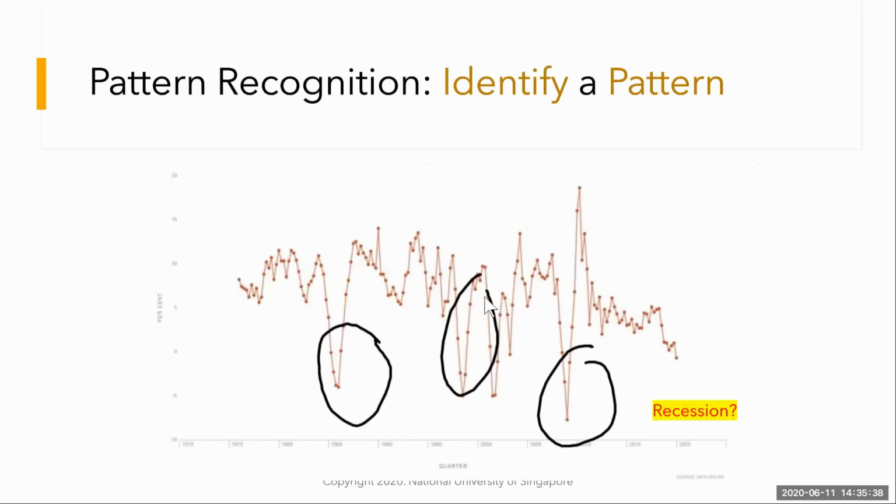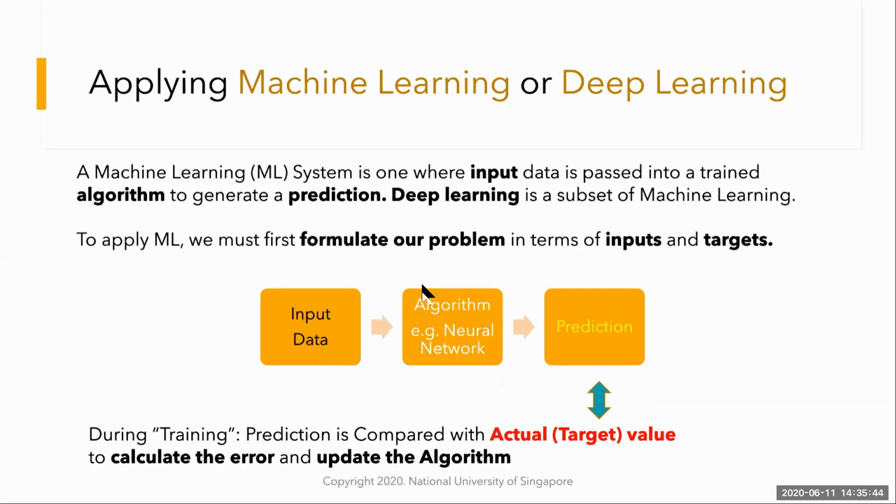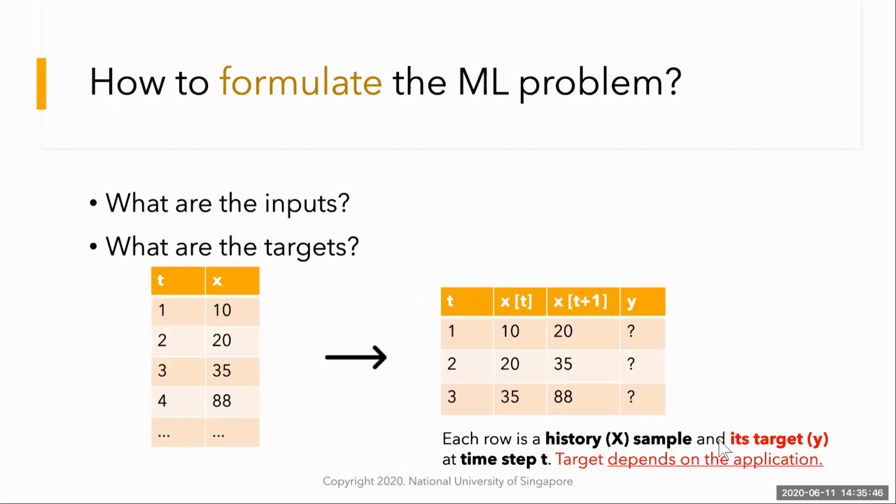The x may be the same. The window is the same, right? Because it's looking at the same signal, but the y could be different. So we will have to determine what y is based on the application. Two things from this slide: the input is some kind of history, and the y is application specific.